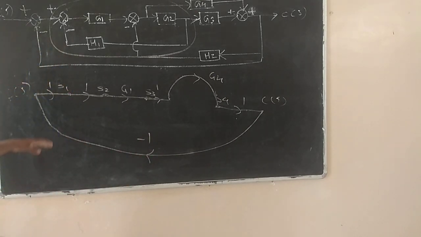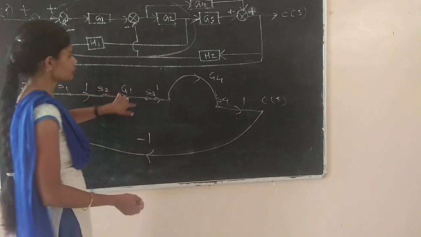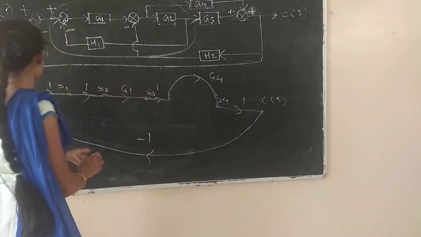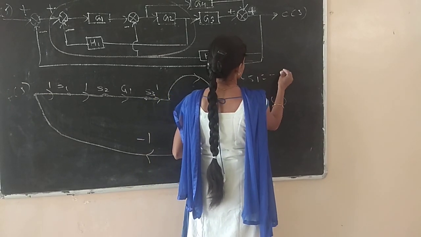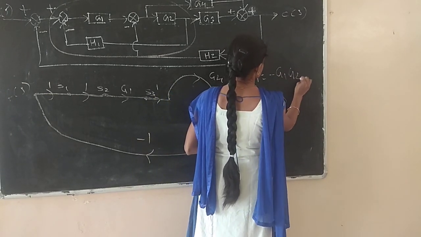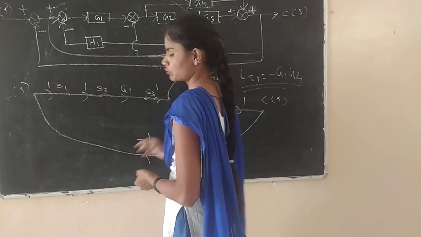That means the loop is G1, G4 multiplied by minus 1. L51 is equal to minus G1 and G4. This is the loop 5.